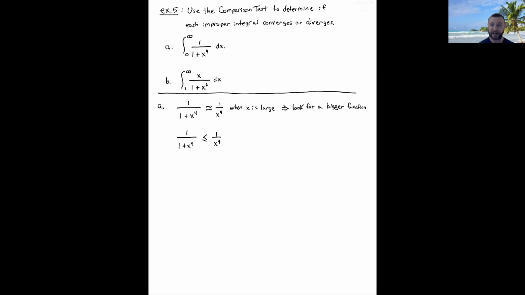From our comparison test, if we think our integral converges, we have to look for a bigger function, an improper integral, that we know for sure converges. All right, from our tips, we can use the comparison here: 1 divided by 1 plus x to the 4th is less than or equal to 1 over x to the 4th.